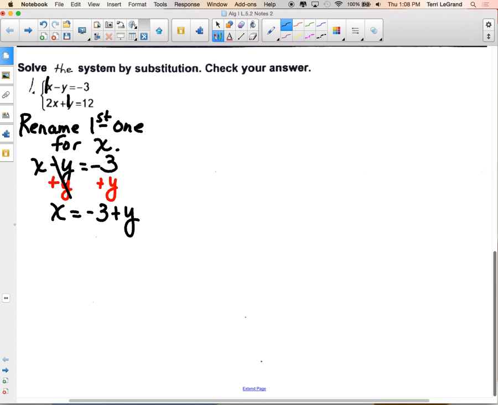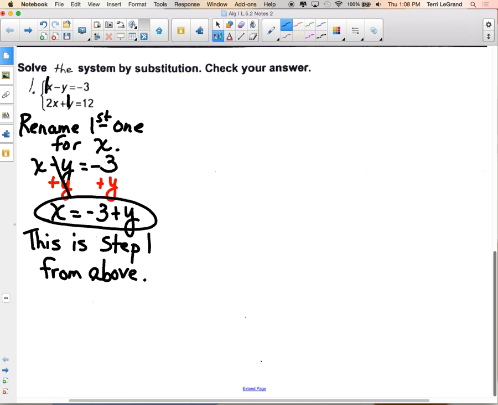So I want you to put in your notes also: this is step 1 from above. Because we had our own steps on Monday, and we're still going to stick with our own steps of 1, 2, and 3, so we're not numbering this step.